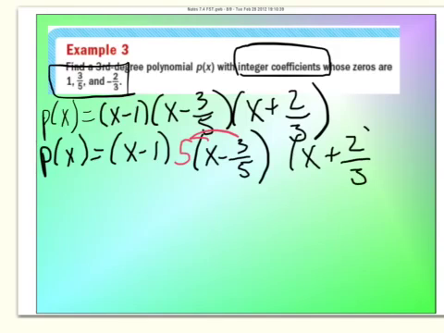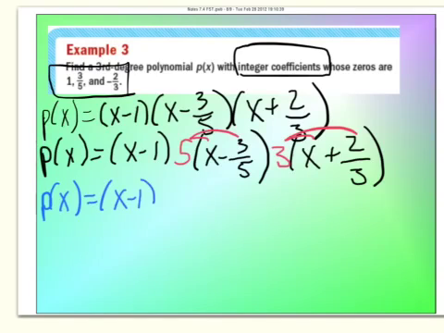Again, the easiest way to get rid of it is multiply by 3. And if I were to multiply it through, I'd get 3x plus 2. So let's go ahead and do that multiplication through. Again, this would be 5x minus 3 and 3x plus 2.